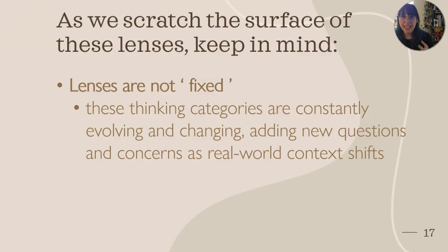These are my take on what each lens brings to the table. And with critical thinking as a whole, critical thinking education, widely speaking, is not just one agreed upon system. So each professor, each textbook, each thing that you learn is going to be coming at you from a different perspective.